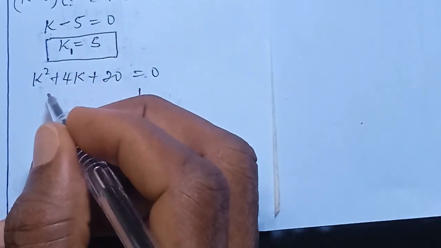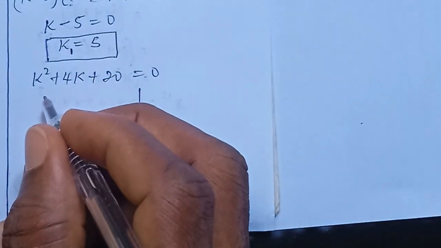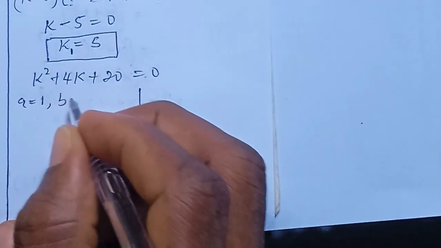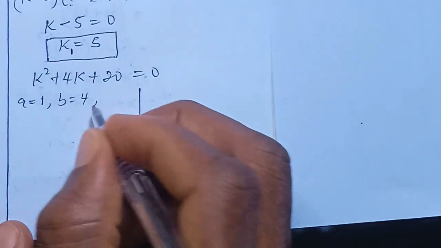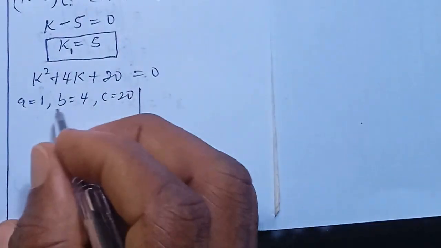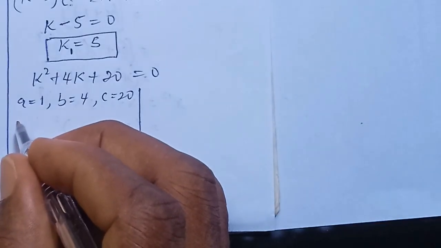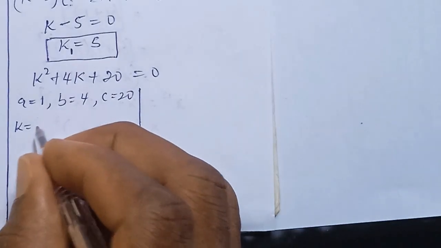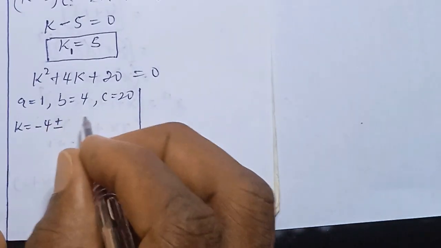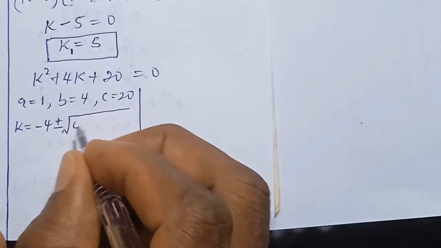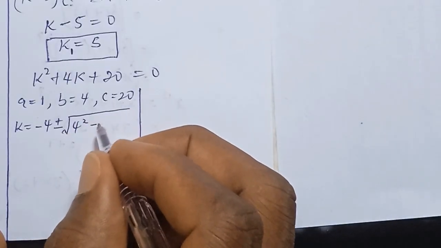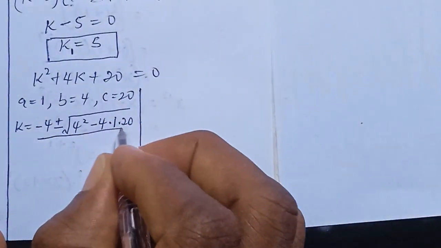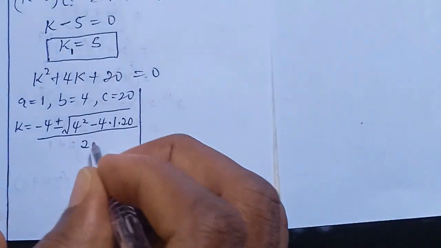So from here, when we look at the coefficients of k squared, k, and the constant, we have that a will be equal to 1, b will be equal to 4, then c will be equal to 20. If we substitute this into the quadratic formula, we have k equal to minus 4 plus or minus square root of 4 squared minus 4 multiplied by 1, then multiplied by 20, all over 2 multiplied by 1.